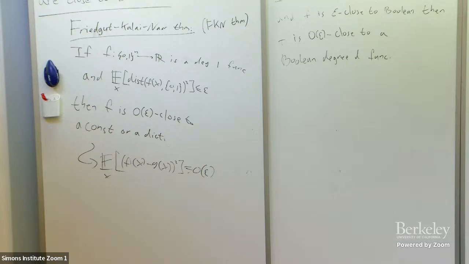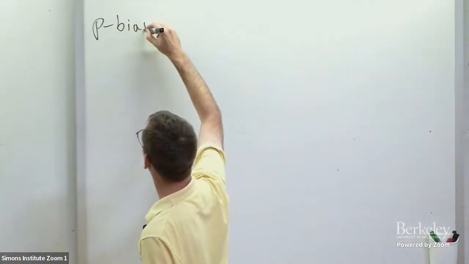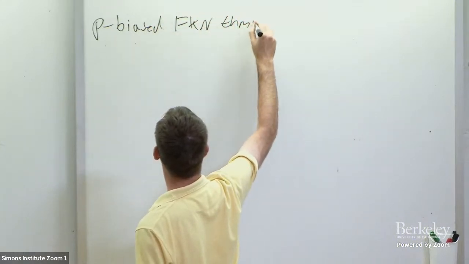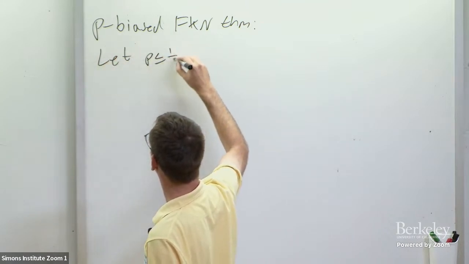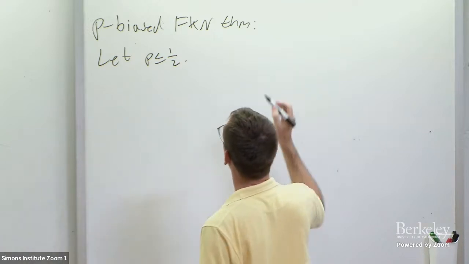Here's the statement, or rather the beginning of the statement, of the p-biased FKN theorem. Let p be at most a half. If p is more than a half, then let's just switch zeros and ones, not a big deal.